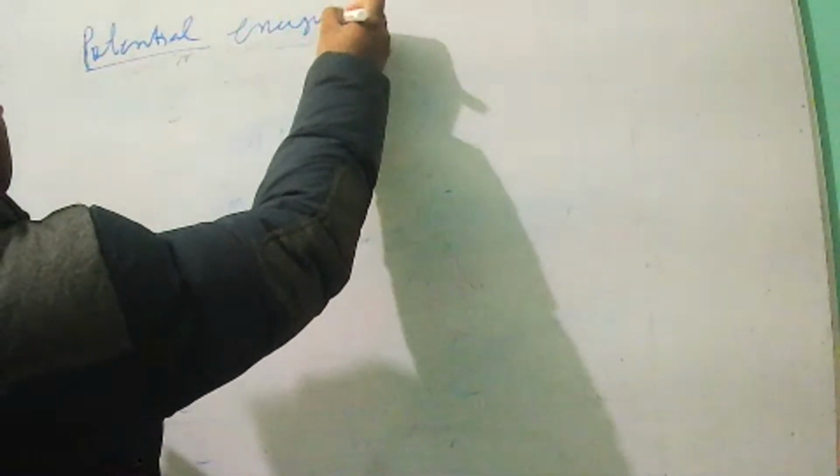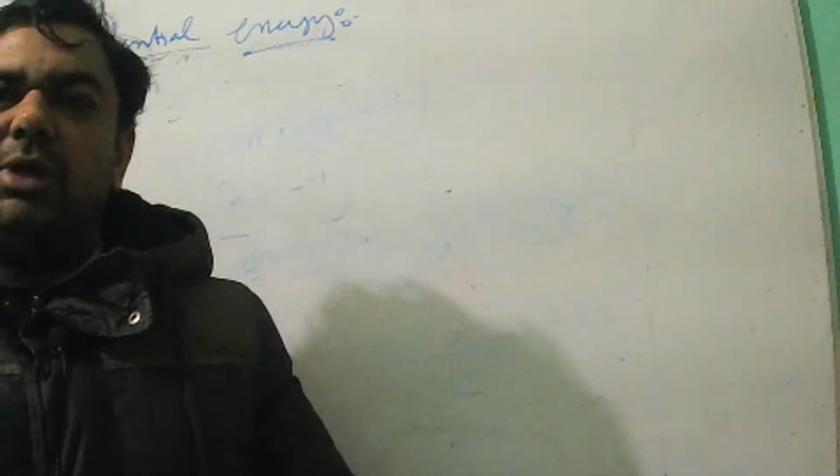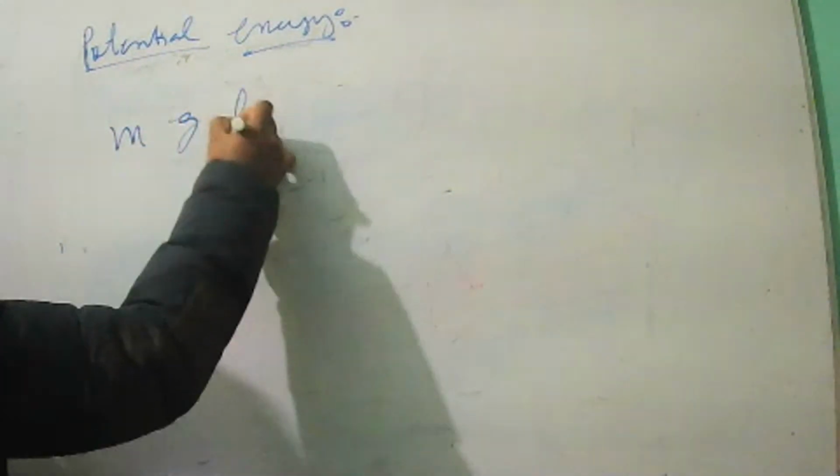After this, we have potential energy. The formula for potential energy, remember? Potential energy formula is mgh. So for mass, what do you write?